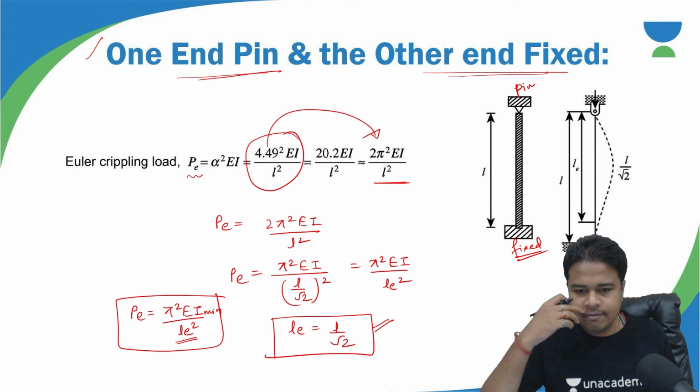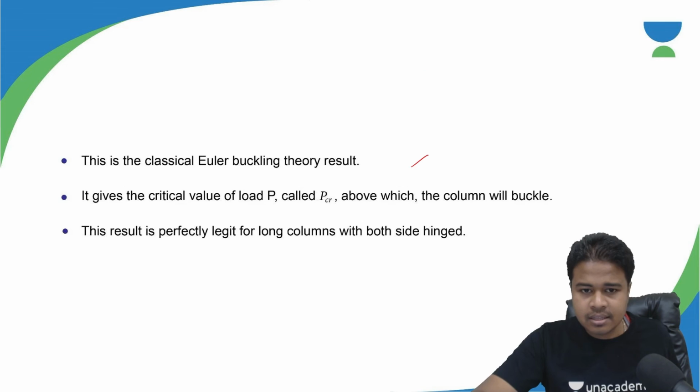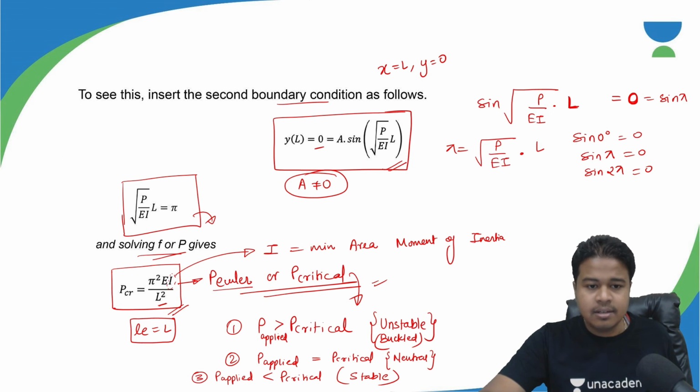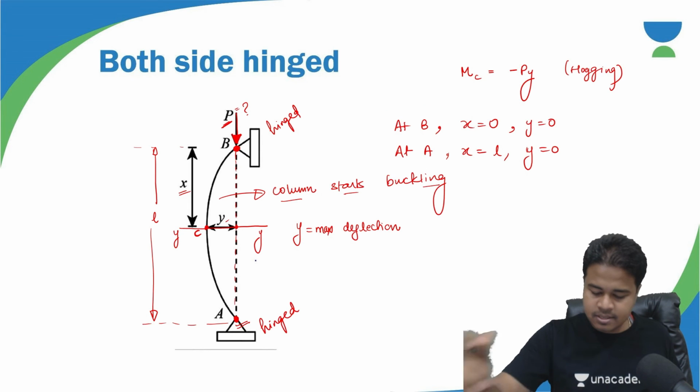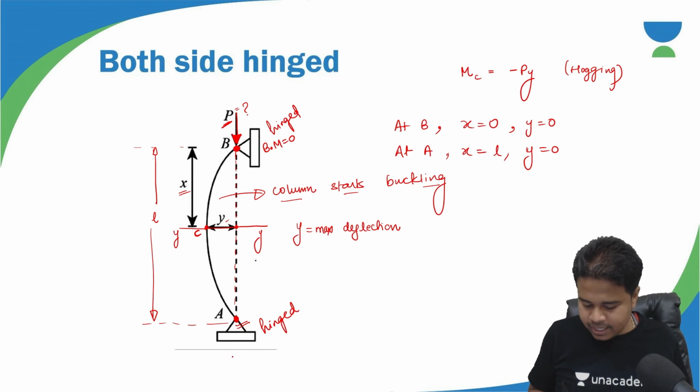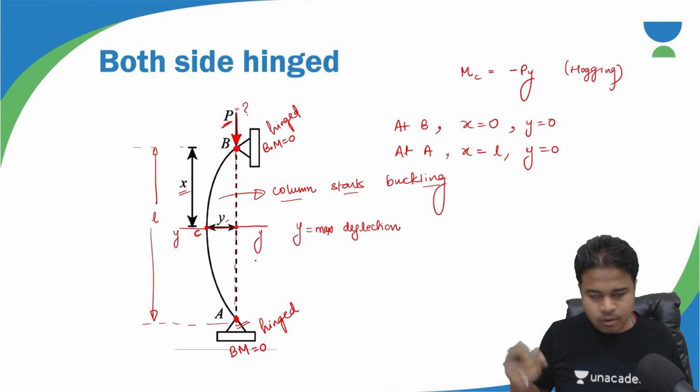Actually, L effective is nothing but the distance between the two consecutive points where the bending moment is 0. See, at point B the bending moment is 0. At point A the bending moment will be 0, obviously.